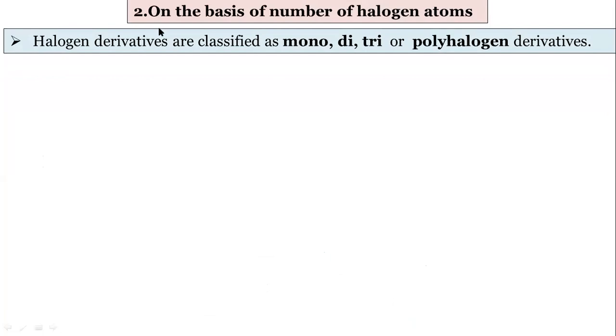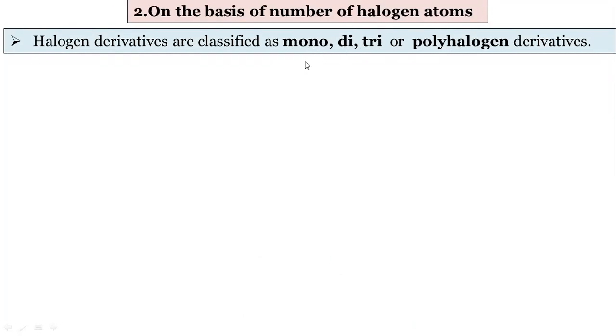The second type of classification is on the basis of the number of halogen atoms. On the basis of halogen atoms, halogen derivatives are classified as monohalogen derivatives, dihalogen derivatives, trihalogen derivatives, or polyhalogen derivatives. Now, I will explain what is meant by monohalogen derivatives and dihalogen derivatives.